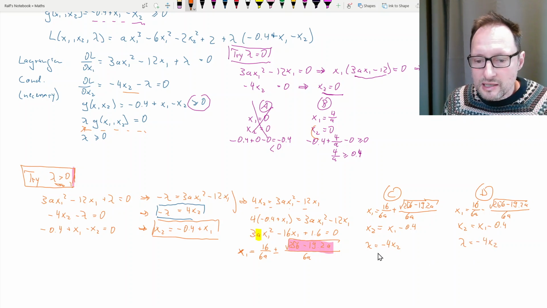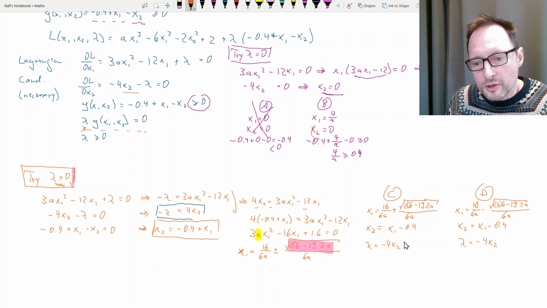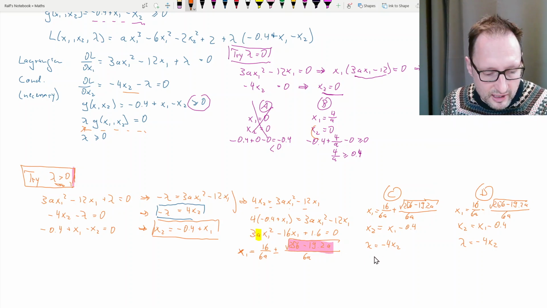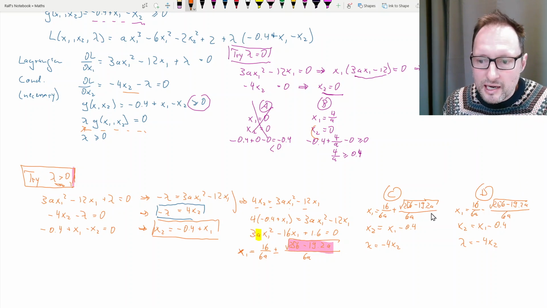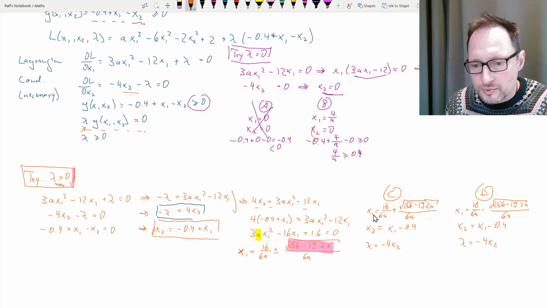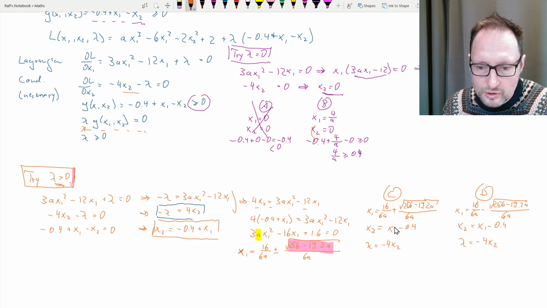So we can see that if x2 is positive, then lambda will be negative, and that will not be allowed. Whether x2 is negative depends on x1, and what we have for x1 depends on the a. So we can't actually generically answer the question at this stage. We will have to see what the values of x1 and x2 will be.